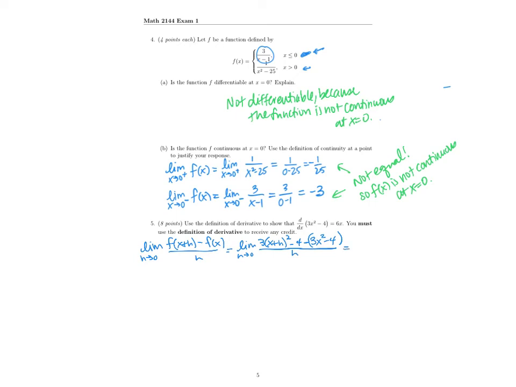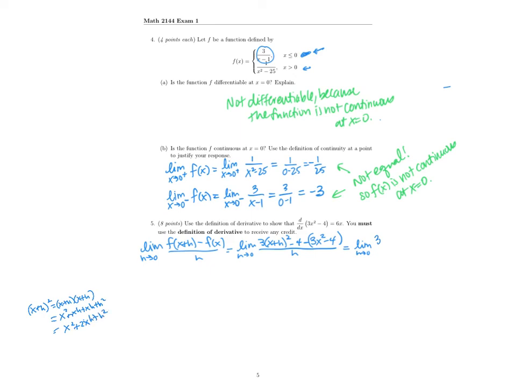And so if I simplify that further, I'll get the limit as h goes to 0, and it's important to remember that limit each time you write another equal sign. Put that limit there, or the equality doesn't hold. When I do that, I get 3, and then if I square this x plus h, we know x plus h squared is equal to x plus h times x plus h, and if we multiply that, I get x squared plus xh plus xh plus h squared, which is x squared plus 2xh plus h squared.